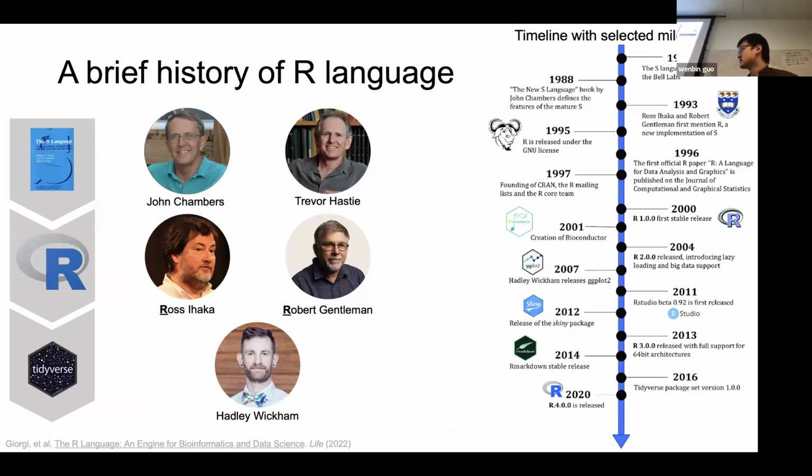So they initiated this tidyverse project. It contains a series of R packages, and basically using those R packages, you can do modeling from all the aspects you can think of in data science projects.